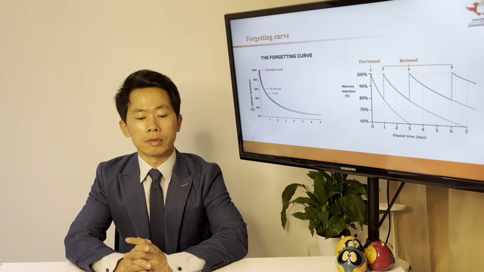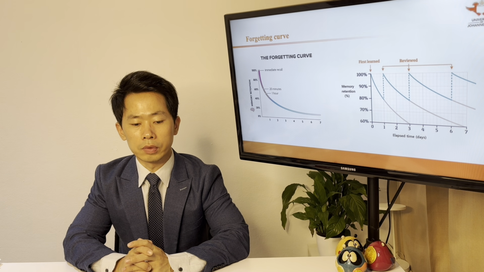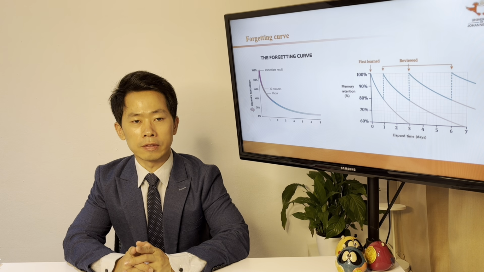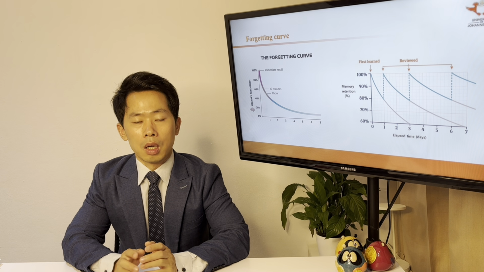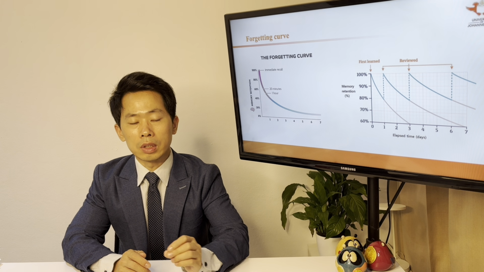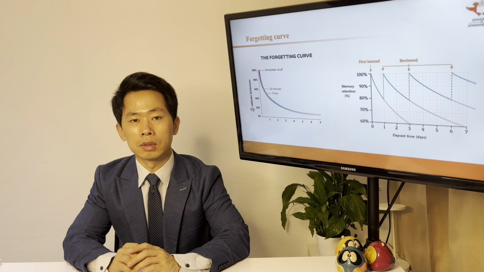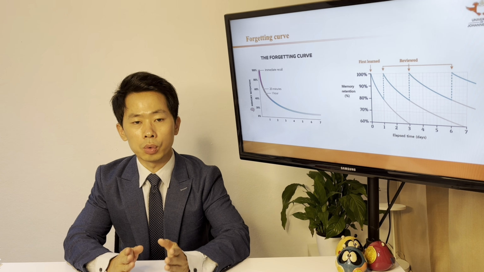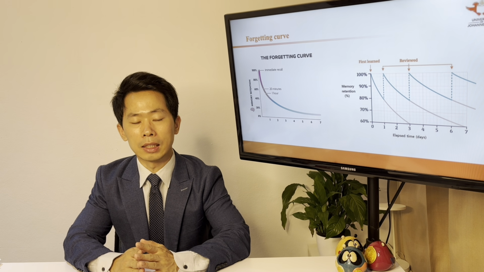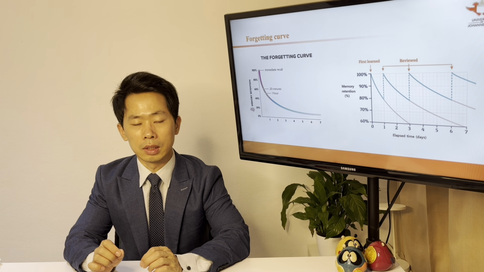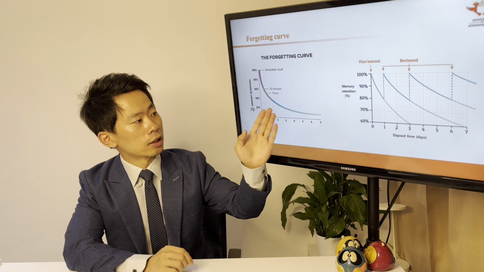The last information I would like to share with you is the forgetting curve in learning theory. The forgetting curve is a psychological process that applies to everyone. This refers to when we learn new information, we forget quicker in the first few hours, and then the rate of forgetting becomes slower.